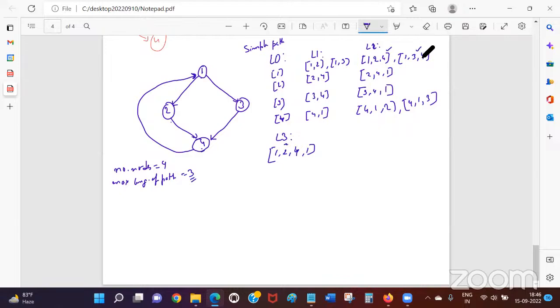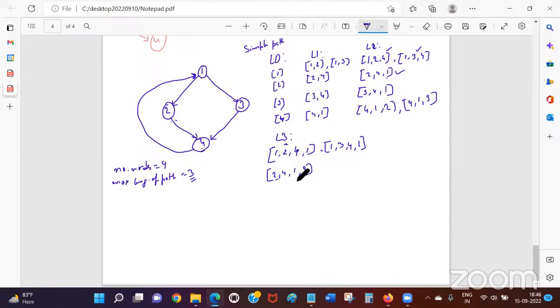So 1, 3, 4. Can I have any extension of this with length 3? 1, 3, 4. I can repeat 1, right? Okay. Now 2, 4, 1, sorry. With 2, 4, 1, I can have 2.